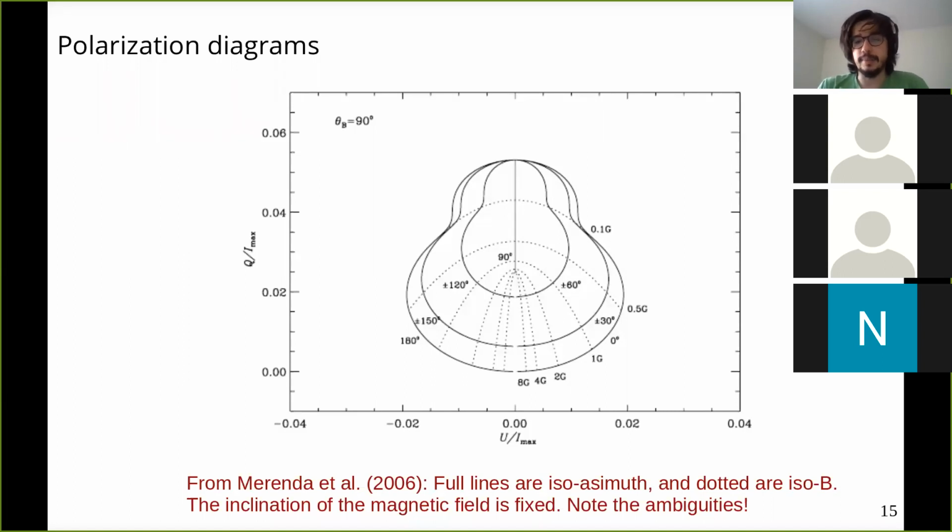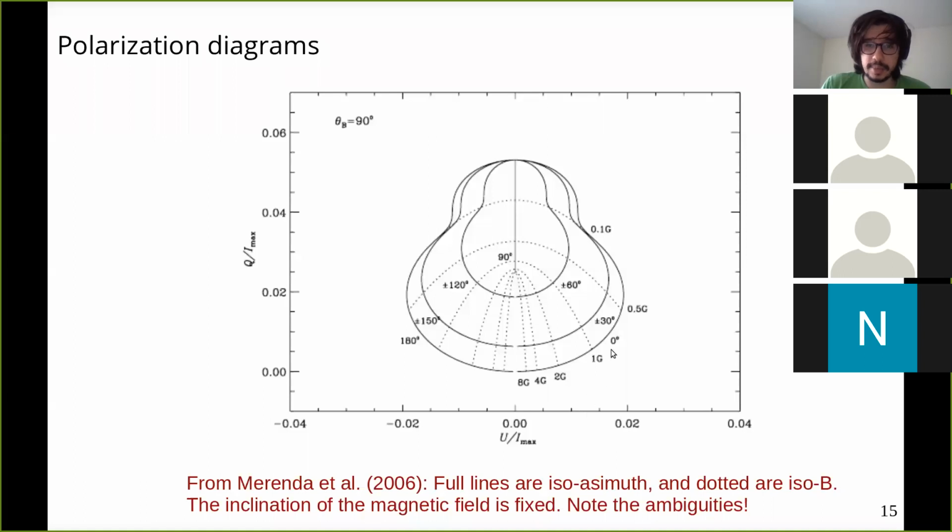And what this particular diagram tells us is that for a fixed inclination of the magnetic field, so one orientation angle is fixed, each of the full lines corresponds to one fixed azimuth of the magnetic field.